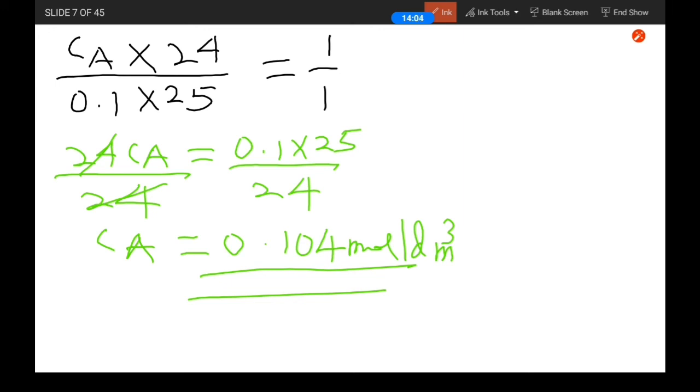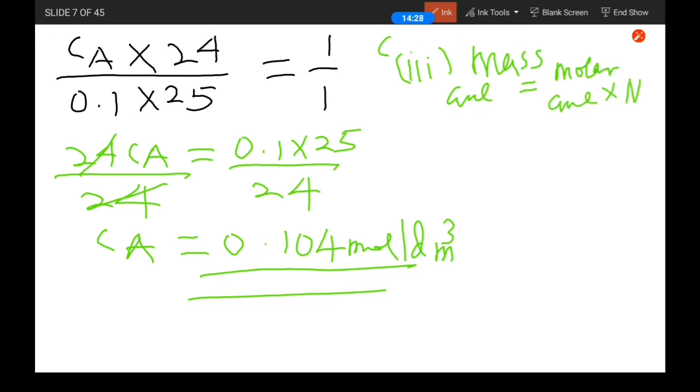Now question 3, the final one of C, says calculate the mass conc of A. So remember the formula I gave you. Mass conc equals molar conc times molar mass.